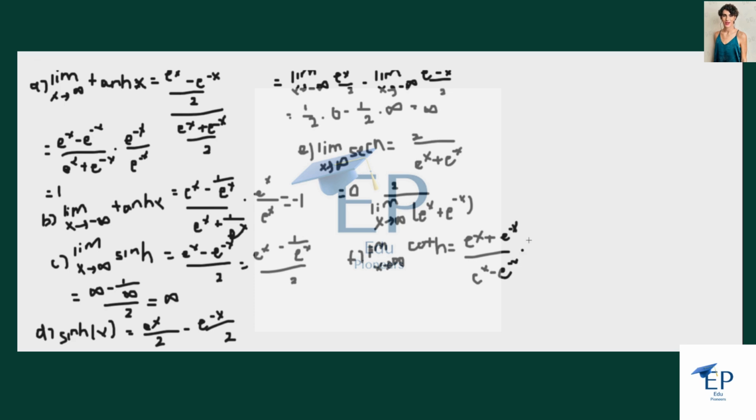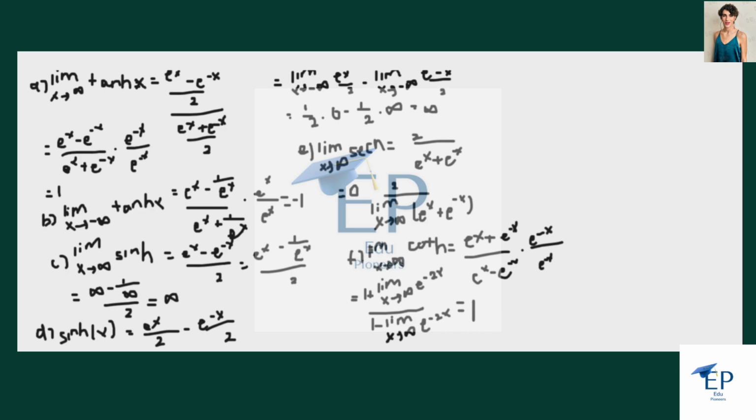We multiply the top and bottom by e to the negative x, which is equal to 1 plus the limit as x approaches infinity, e to the negative 2x, all over 1 minus the limit as x approaches infinity for e to the negative 2x, which is equal to 1.